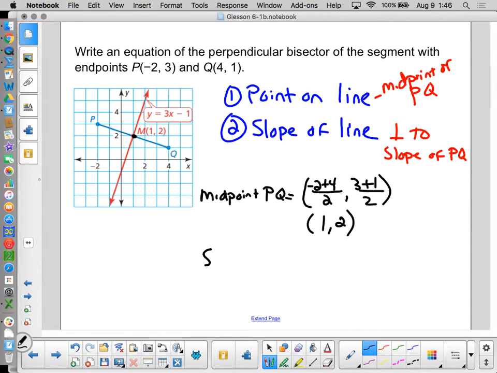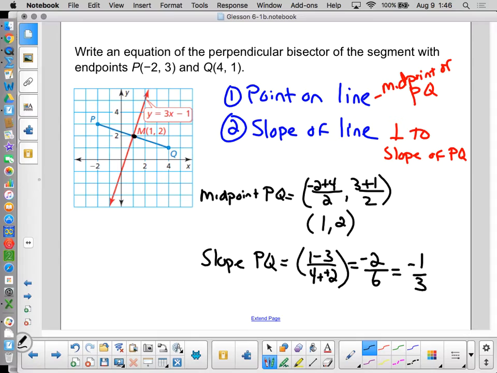Next thing, you need to know the slope of PQ. Slope is a different formula, y2 minus y1, so 1 minus 3, over x2 minus x1, 4 minus negative 2. That's -2 over 6, or -1/3.